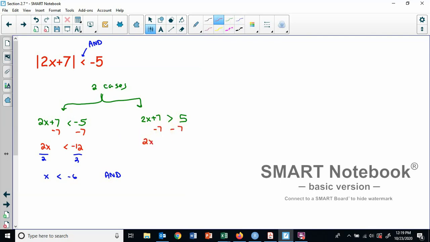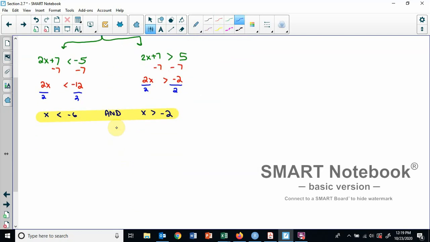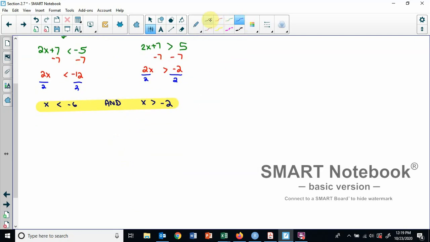So 2x is greater than negative 2. And now divide both sides by 2. X is greater than negative 2. Okay, so I have solved the inequality part. Now I just need to come up with the answer for this compound inequality. So we will use our three-line method.